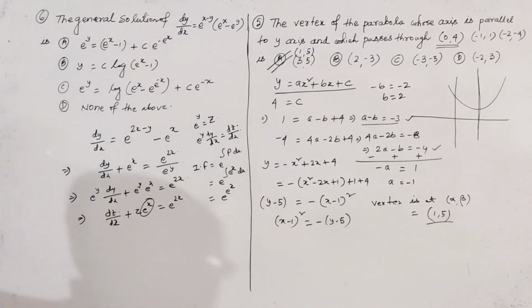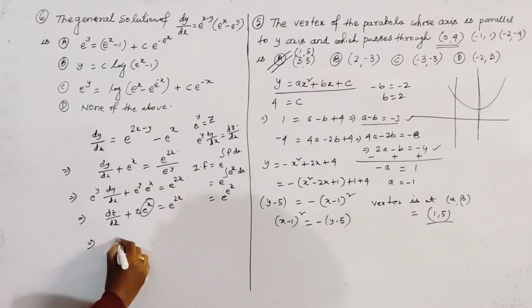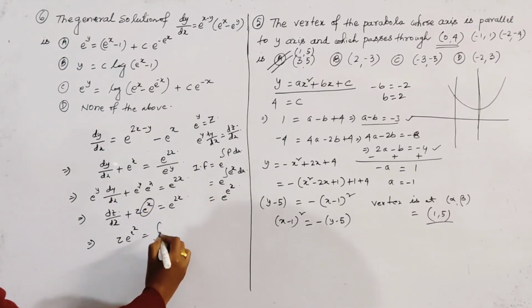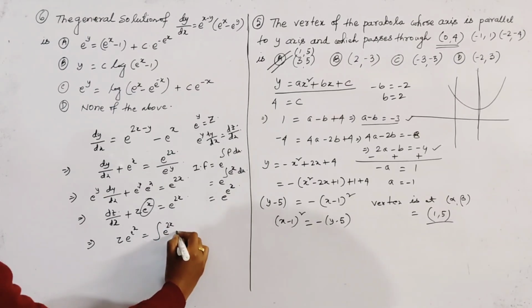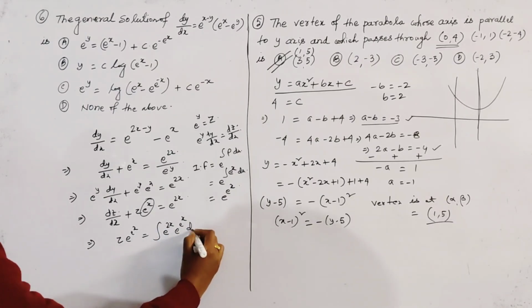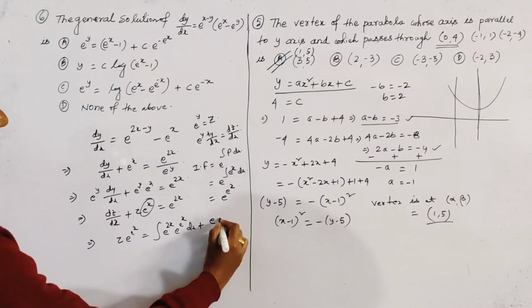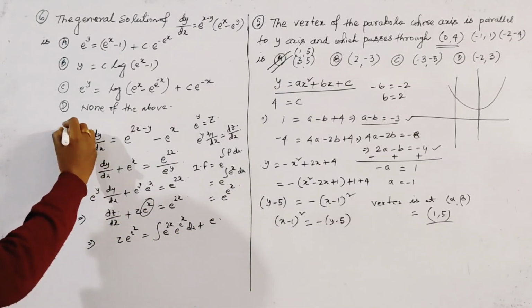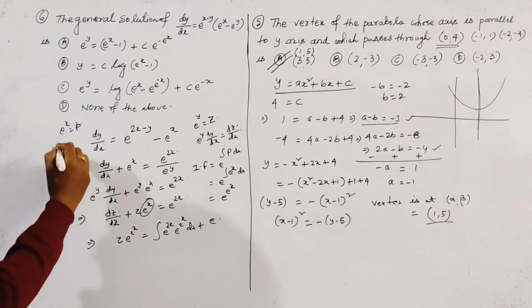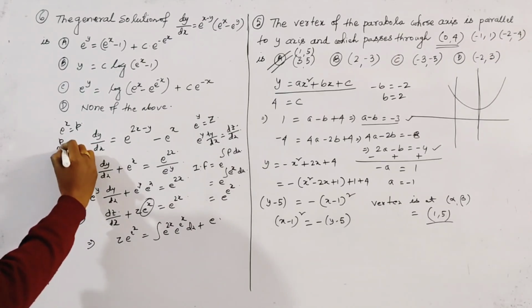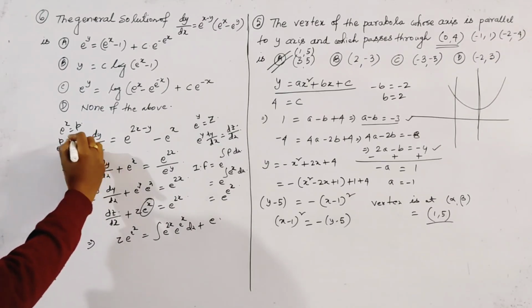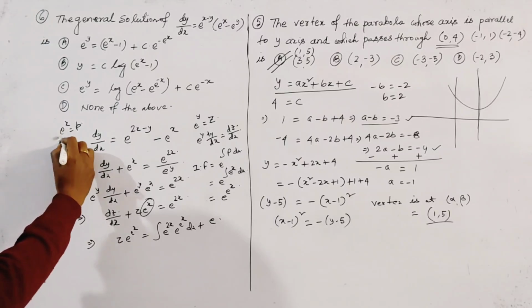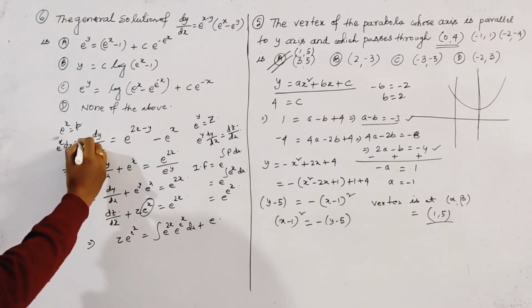Now multiplying by the integrating factor, we get the solution as z into e to the power e to the power x equals integration of e to the power 2x into e to the power e to the power x dx plus c, the integrating constant. Now here we put e to the power x equals p, so we get integration of p e to the power p dp, since e to the power x dx is dp.